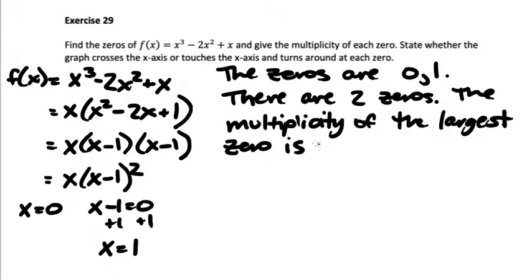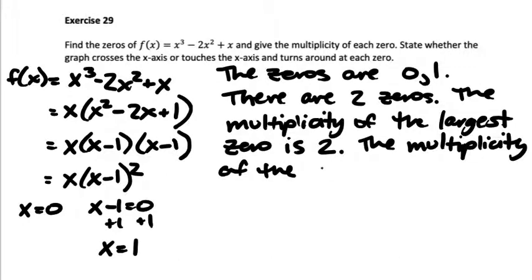So the multiplicity of the largest zero is 2. The multiplicity of the smallest zero: 0 is smaller than 1, so 0 is the smallest zero. And the x that led to that 0 doesn't have an exponent, so it's an automatic power of 1. So the multiplicity is 1.